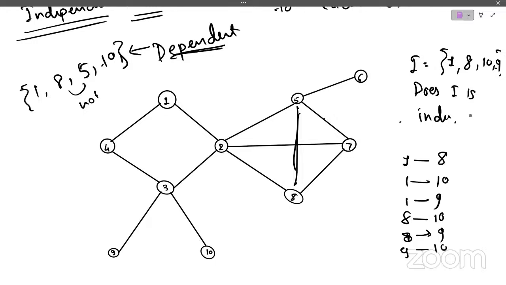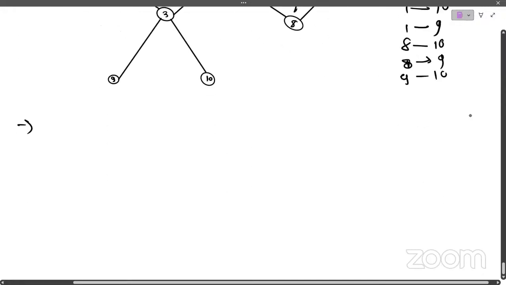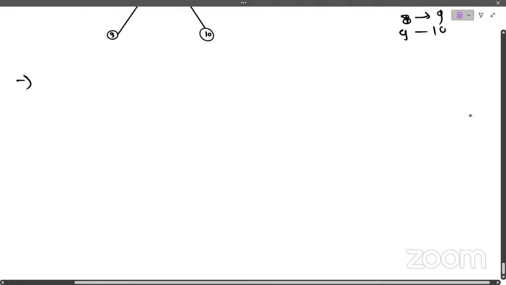For example, if I say this set 2, 5, 7, 8, in this set every vertex is connected to every other vertex by an edge, because there is an edge between 2 and 5, 5 and 7, 7 and 8, 8 and 5. So this set is also a dependent set. Not precisely a single edge, it could be more than one edge.